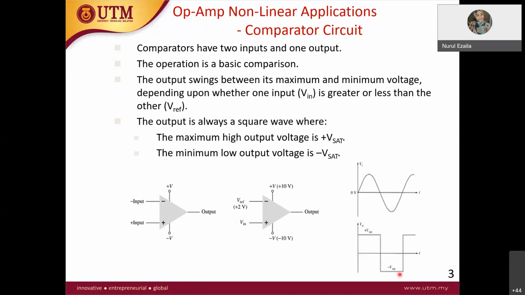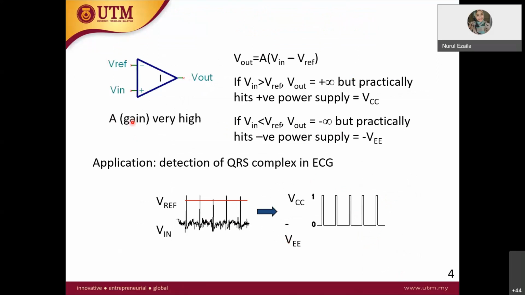This is just an example. The output must always be square. The maximum is at positive saturation, which is 10 volt. The negative cycle will be negative saturation, which is negative 10 volt.